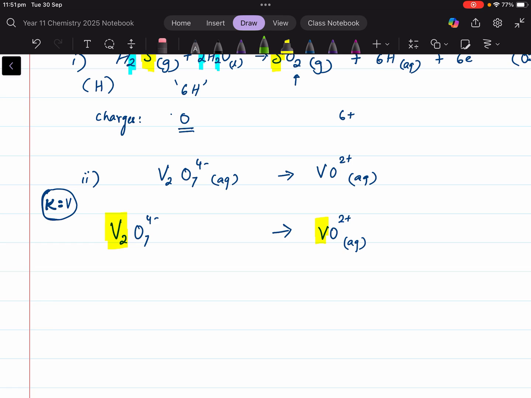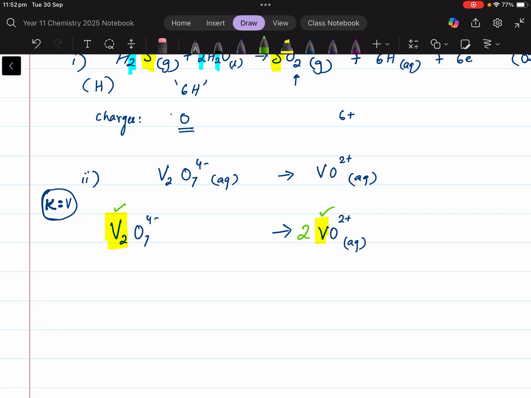So basically I'm going to add a 2 as a coefficient because that's all I can do. I cannot change the formula, remember. I have to change the coefficient. So I add the 2 as a coefficient for the VO2 plus on the opposite side, balancing out my vanadiums now in that first step.